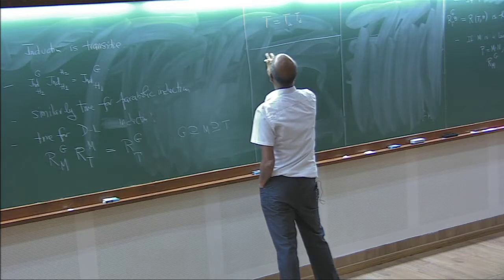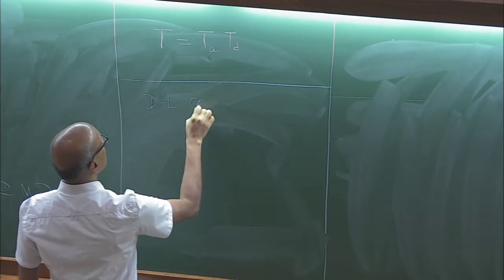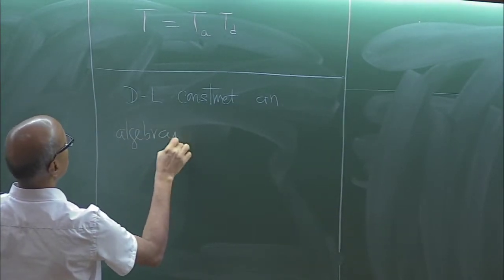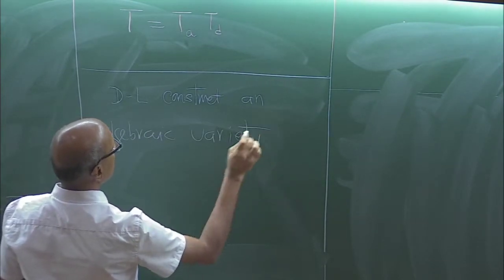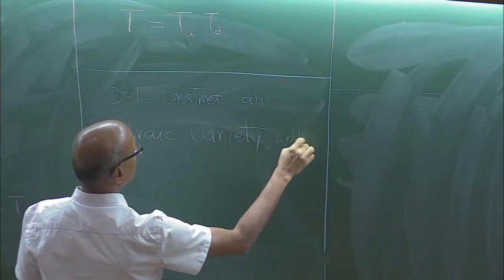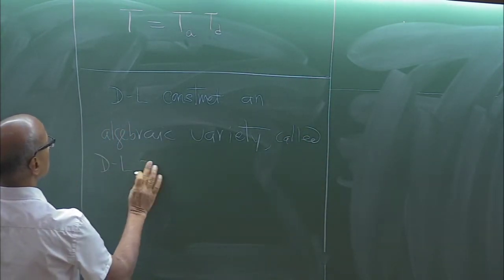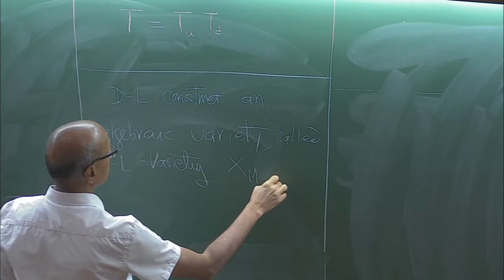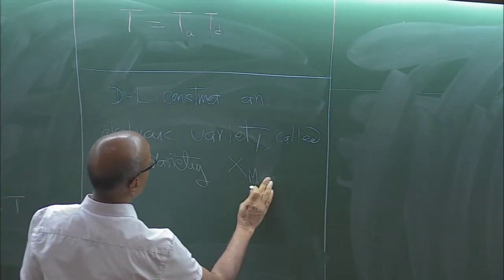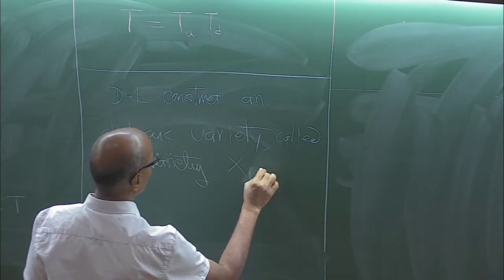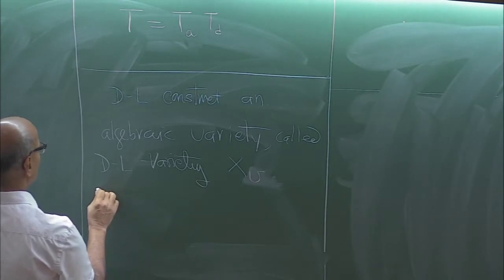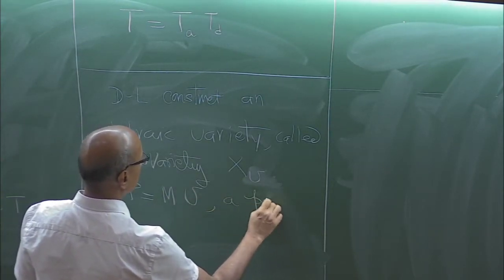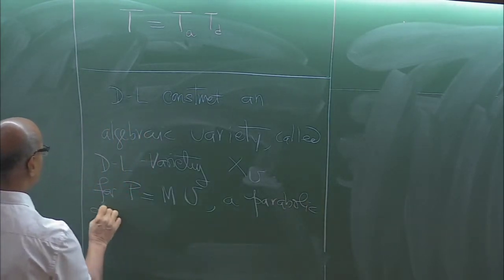Okay. So I just want to say that Deligne-Lusztig construct an algebraic variety, of course, called the Deligne-Lusztig variety, let's say X_U, for P equals M times U, a parabolic of G(F_q bar).